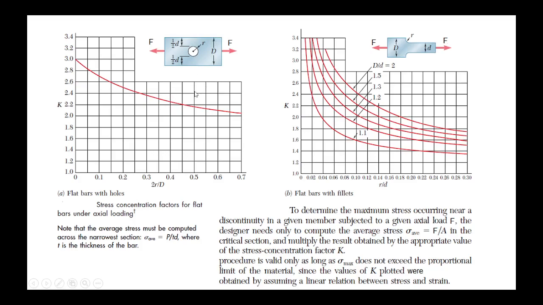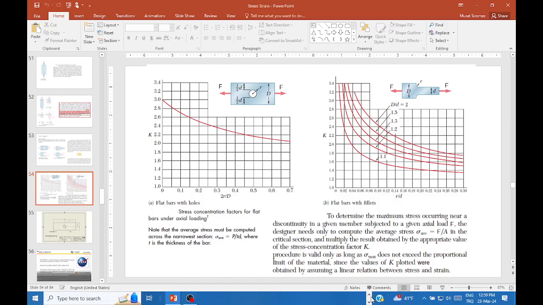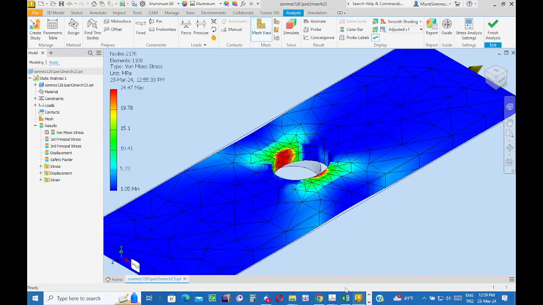Find the stress value using atomic bonding forces, since it is in equilibrium, must be equal to 2 kilonewtons, divided by the cross-sectional area, and then multiply the result by the K factor. And then you can check whether the result is equal to that much, 25 megapascal. I am sure it is very near to that number. At home you may check it.